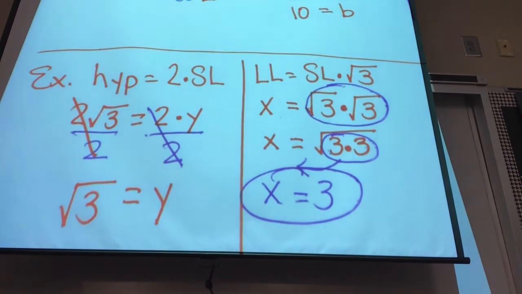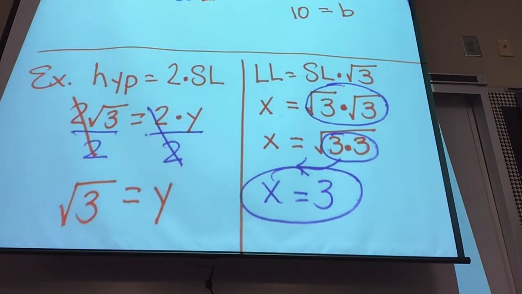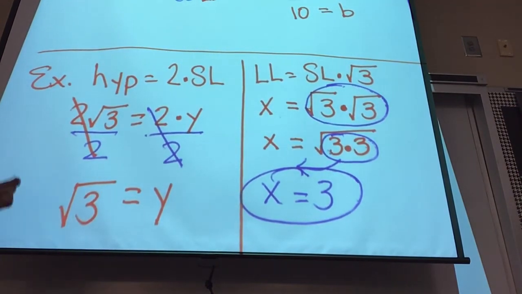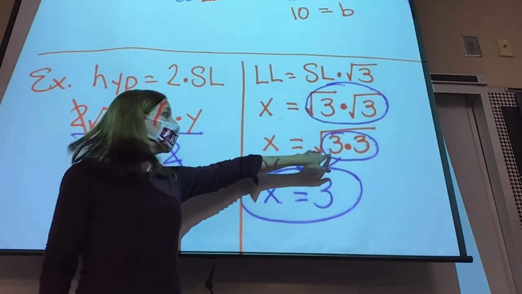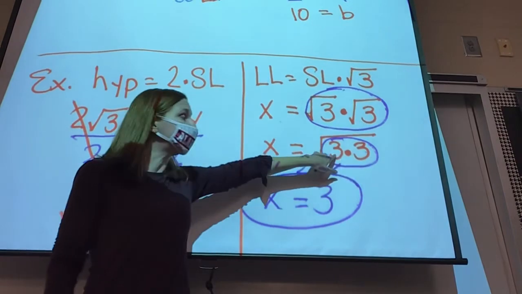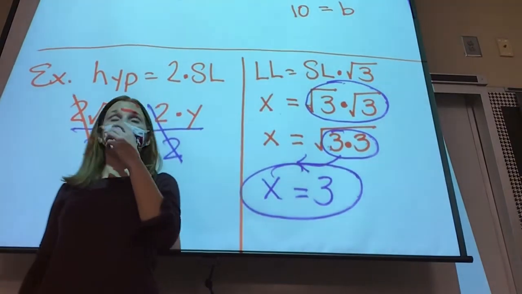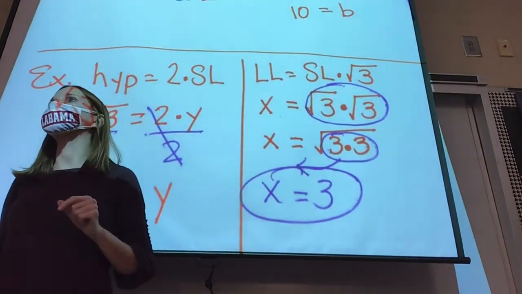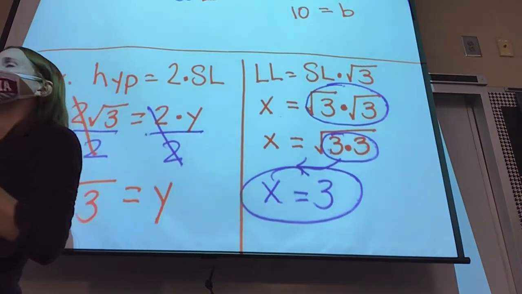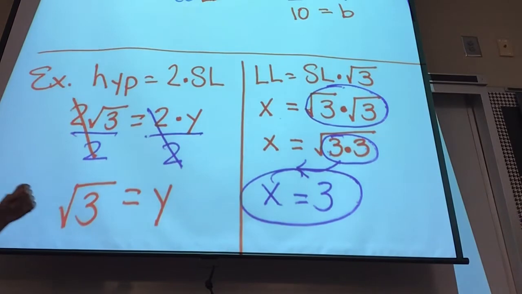It's not 9, it's whatever that number is under the square root. And what number was under the square root? 3. So I have a pair, I have 2 of the same number, so I pull it out. Here's what I usually do. Of course, I usually have to practice this for about 3 days before anybody gets this.